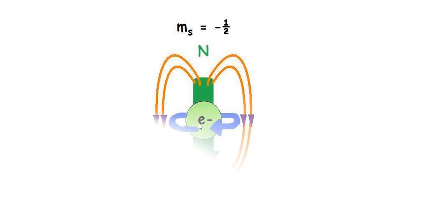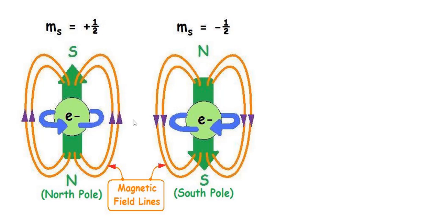Magnetic moment: a negatively charged particle spinning counterclockwise, a negatively charged particle spinning clockwise. You can see here ms. It looks like each electron is acting as a small magnet, with a north pole and south pole.